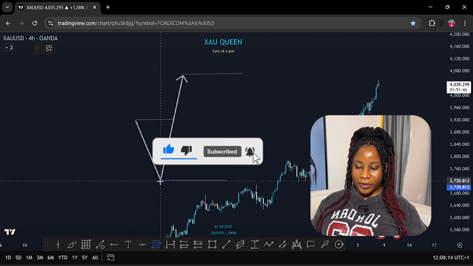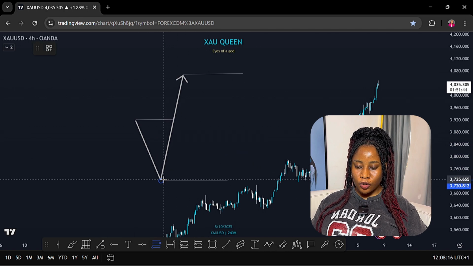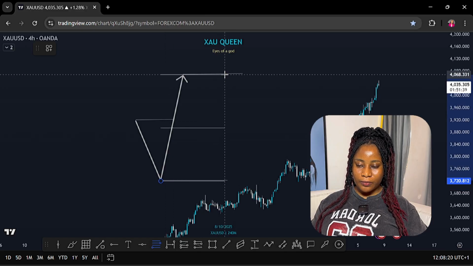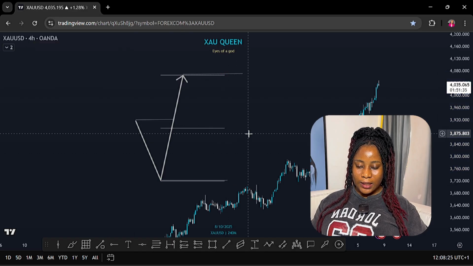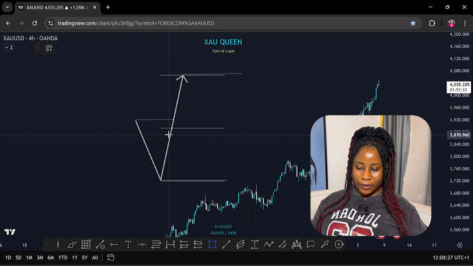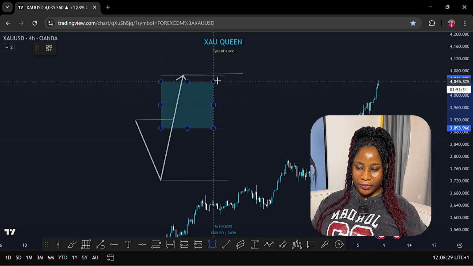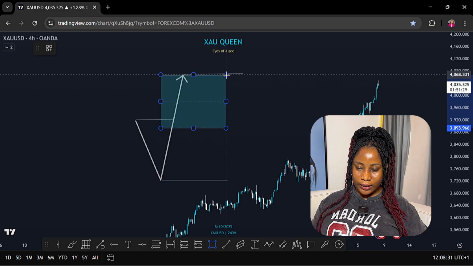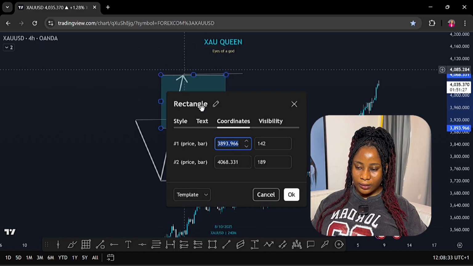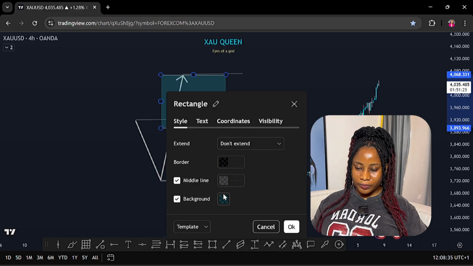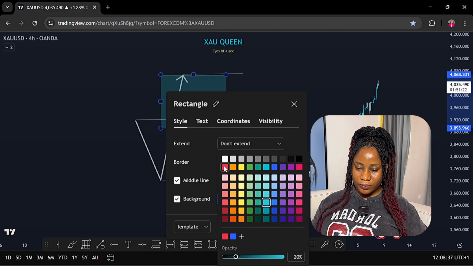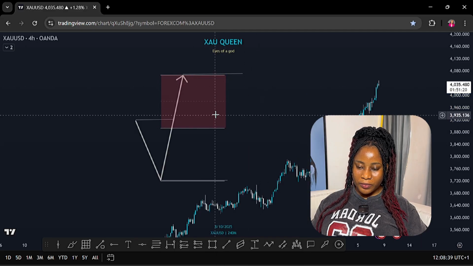Now, if you bring your fib, we see from the low, because we are buying here, from the low to the high. You see now this area, all this area from here to here. Let me change the color. From here to here, this is our premium.